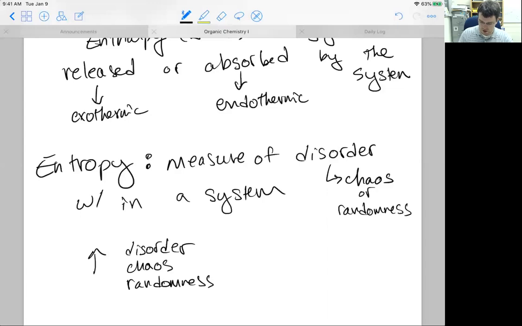So as you increase the disorder, chaos, and randomness, you will then increase the entropy. That's how things are related. So increasing entropy means things become less ordered, more random, more chaotic.